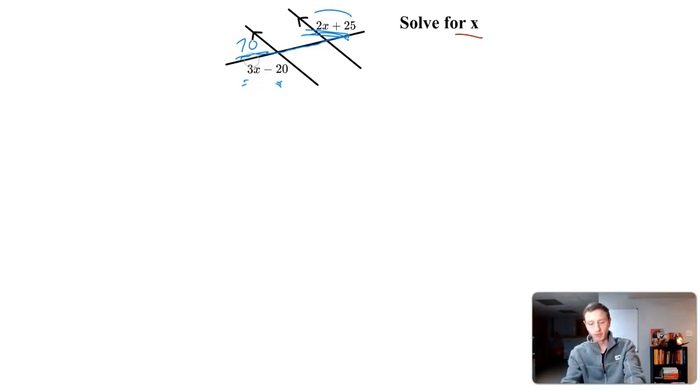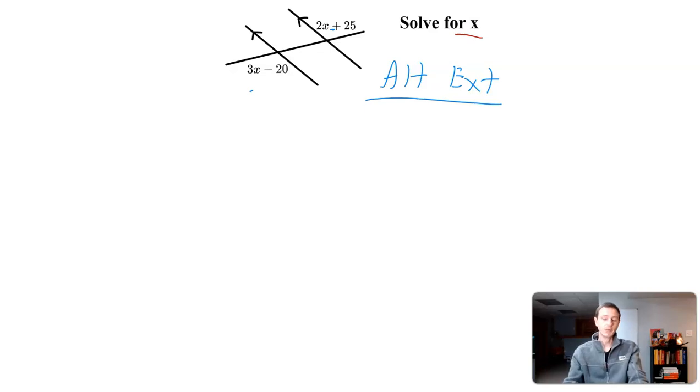So the relationship that we have between these two angles, since they're on different sides of the transversal and they're on the exterior of the parallel lines, we have alternate exterior angles. And when we have alternate exterior angles, those angles are then congruent.